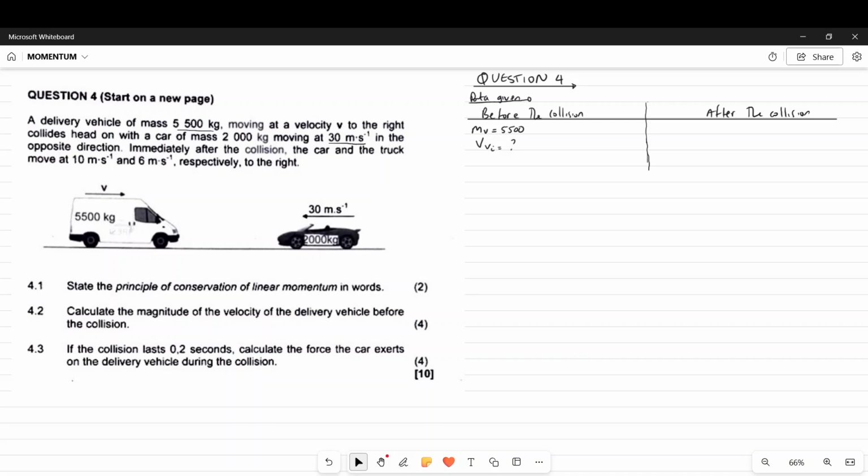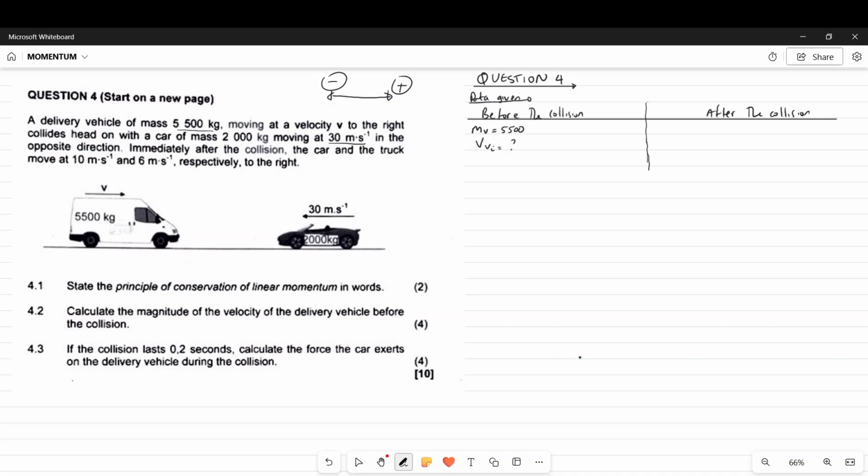And it was moving to the right. The other important thing you need is direction. Since it was just horizontal motion, we're going to say to the right is positive and to the left is negative. So it was moving to the right, so we take it to be positive.